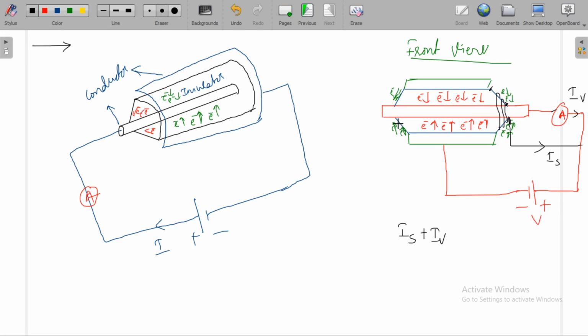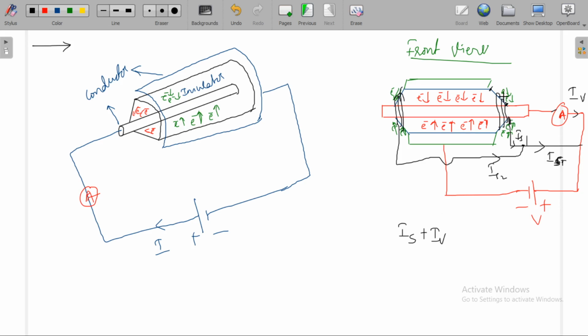Similarly we place another conductor upon this, which is joined here like this. Let this be IS1 and this be IS2, then you are going to get total IS.